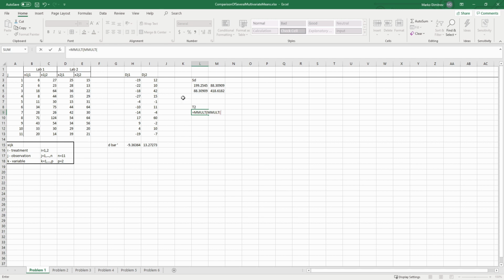So first we need our vector, this one, then the inverse of this one, and in the end our transposed vector.